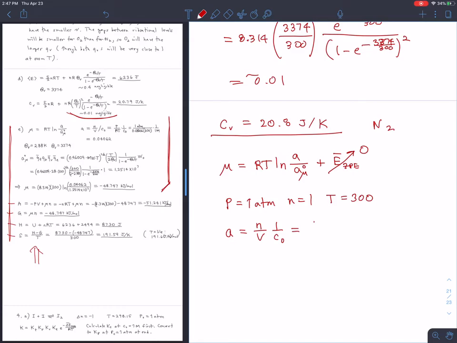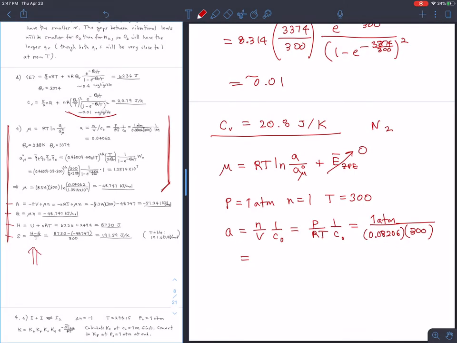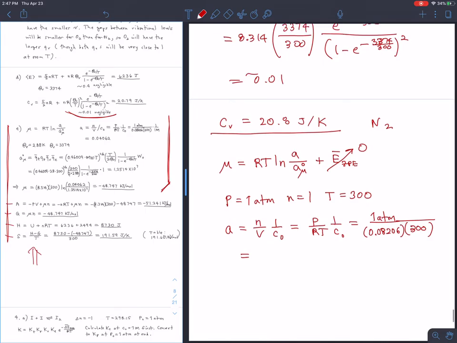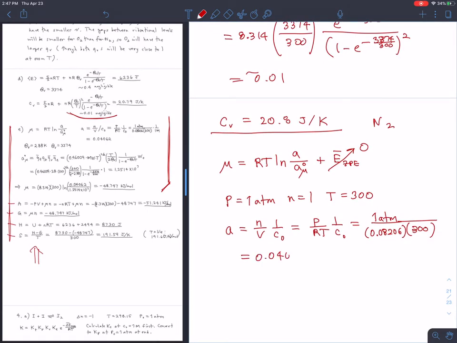And so that's equal to P over RT times 1 over the standard state concentration. That is 1 atmosphere over 0.08206 times 300, and that is equal to, I have that value calculated over here, 0.04062 times 1 over C0, and that's unitless.